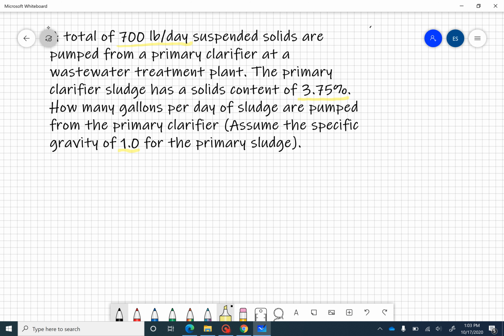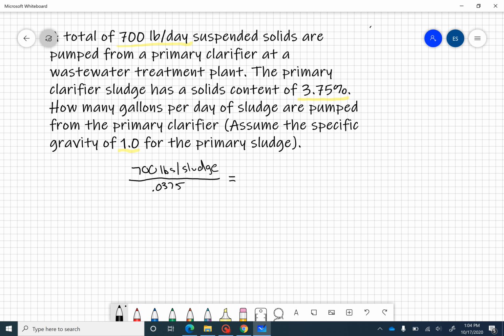So this is pretty simple if you think about it. We have 700 pounds of sludge, and if 3.75% of that is solids material, divide the pounds of sludge by the percent solids.